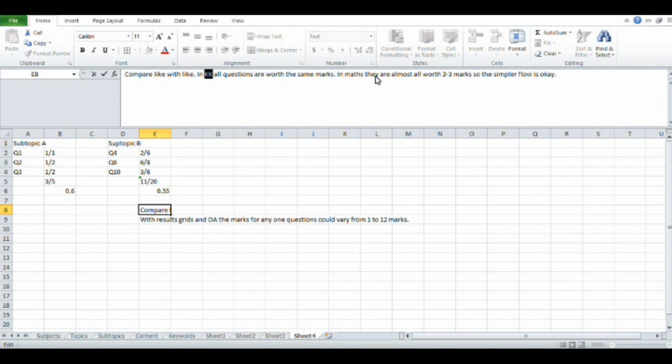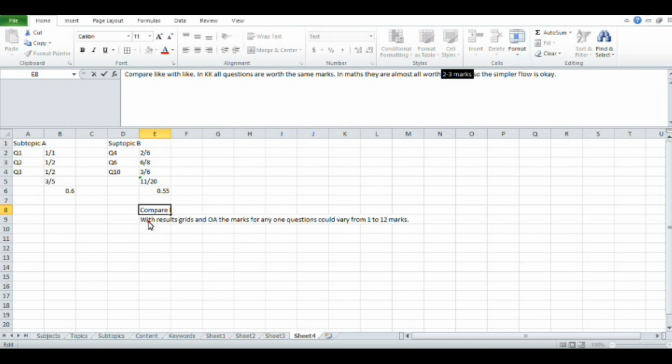In maths, all the questions are worth about 2 to 3 marks. So again, the simpler flow of just using the last 3 questions is fine, because the number of marks doesn't really vary. It shouldn't really affect the robustness or quality of the data.